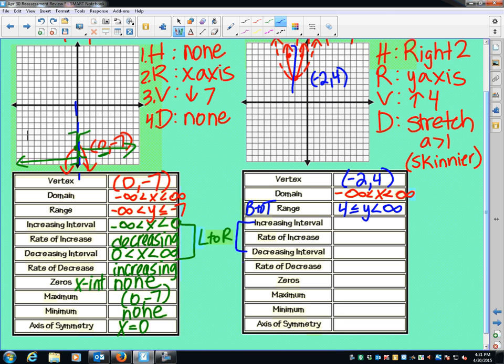So this graph on that side is decreasing from negative infinity all the way to the vertex, and then it's increasing on the other side. So it's decreasing from negative infinity to -2, remember you want the x, and then increasing from -2 to infinity.